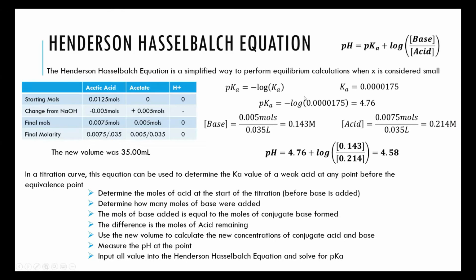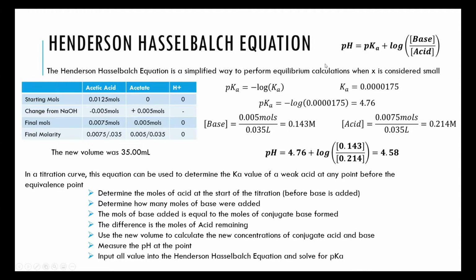So the Henderson-Hasselbalch equation is that the pH is equal to the pKa, that's the negative log of the Ka, plus the log of the concentration of base divided by the concentration of acid. This typically only works when X is considered small, which is true for most situations.